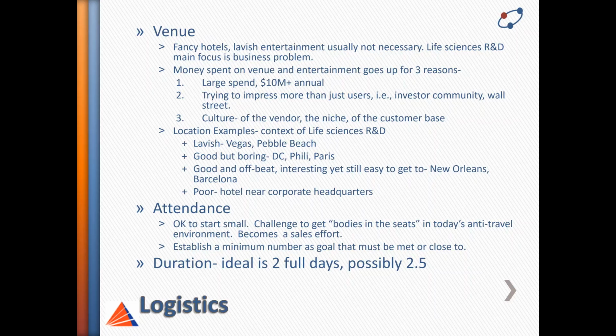There's also a correlation with the size of the vendor. So if you're the Microsofts and Salesforces and Oracles of the world, yes, that's most likely going to take place at the Bellagio in Vegas and really sell out half the city in hotel occupancy.